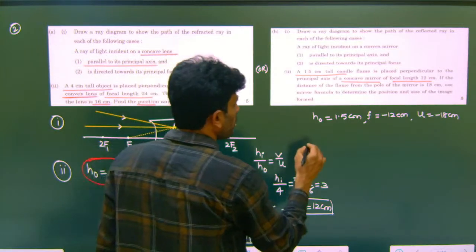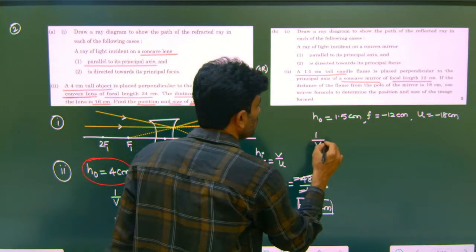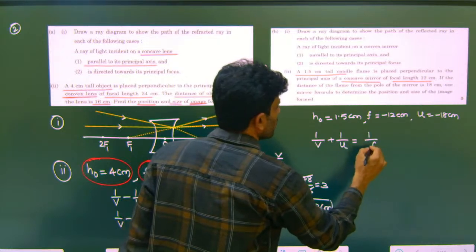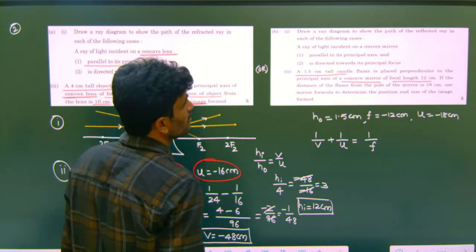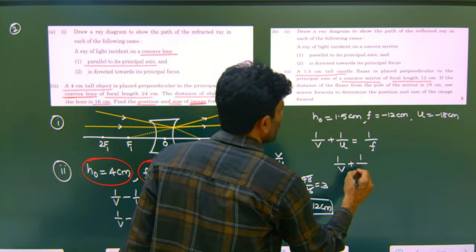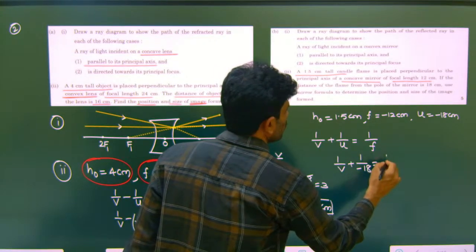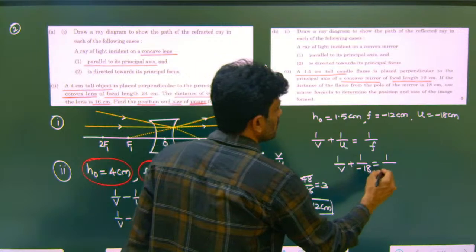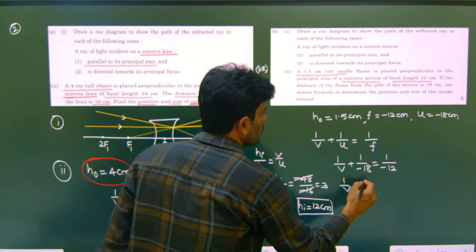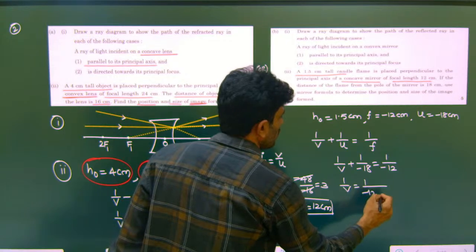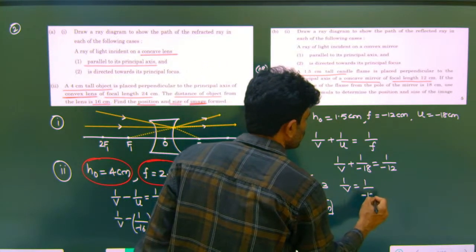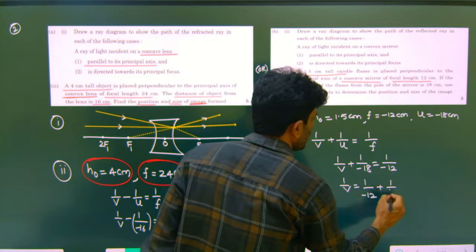So here we have to use the mirror formula: 1/v + 1/u = 1/f. 1/v we don't know, plus 1/(-18) is equal to 1/(-12). If you transpose the minus 18 to that side, 1/v is equal to 1/(-12) plus 1/18.